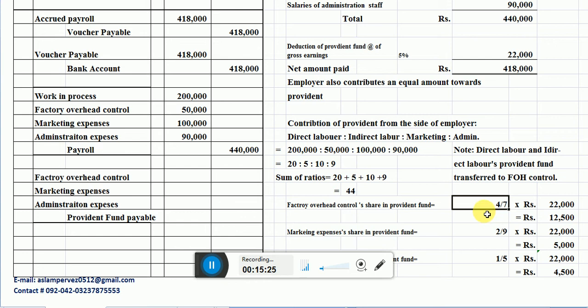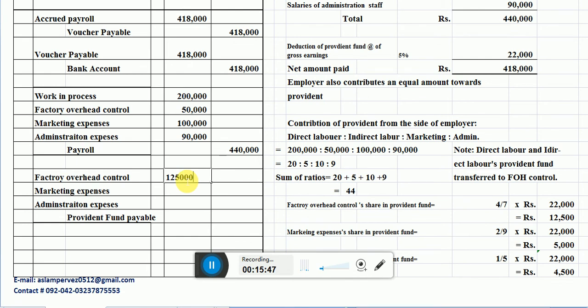Now students, the provident fund is 22,000 rupees here. The share of factory overhead control in provident fund is 25 out of 44 multiplied by 22,000 rupees. This amount is 12,500 rupees here. This is charged to the factory overhead control for 12,500 rupees.